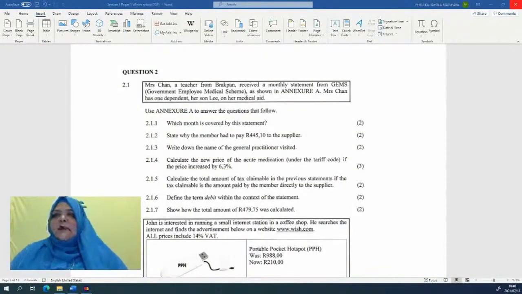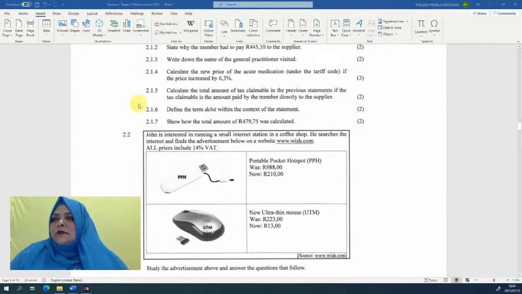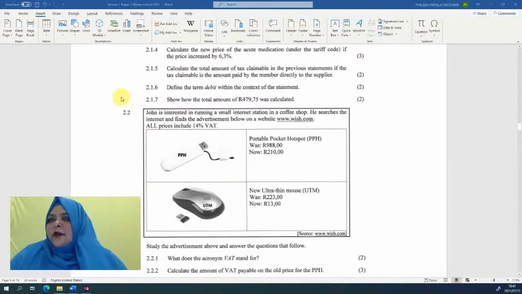Okay, back to our question, guys. What context is this? What story is this now? We move away from the medical aid. You see how many places we are going to. Maths literacy. We are having so many real life scenarios we can deal with.